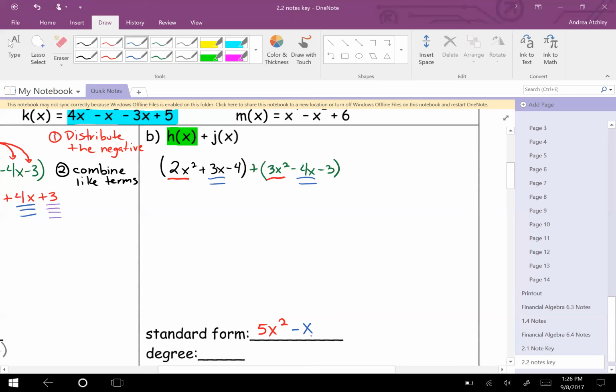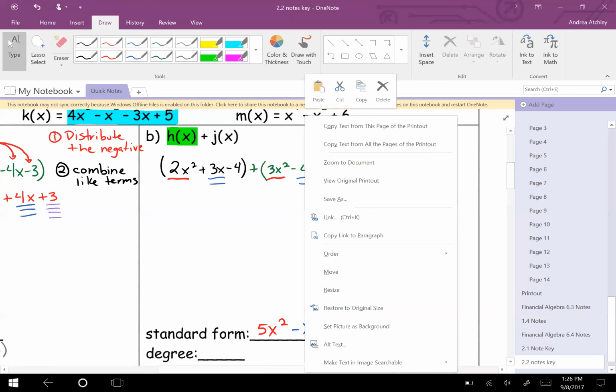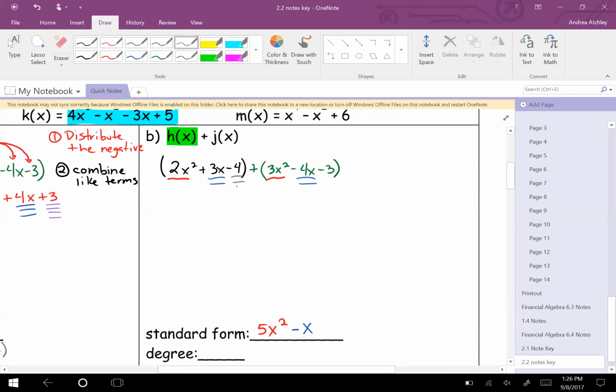And then finally, I'm going to have the negative 4 and the negative 3. They're the same sign, so I'm going to add and get negative 7. And that's my standard form because it goes from the biggest exponent to just the coefficient.